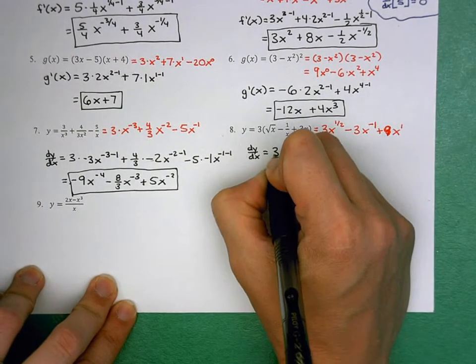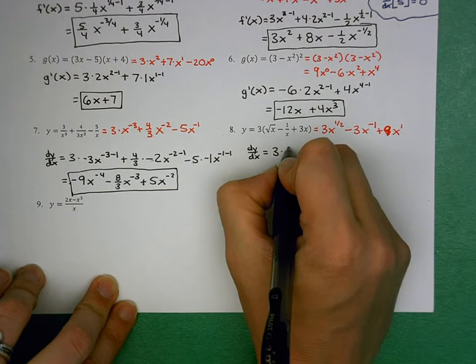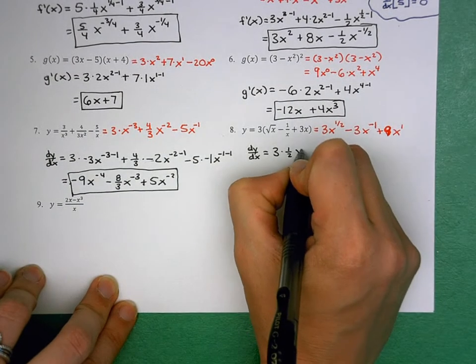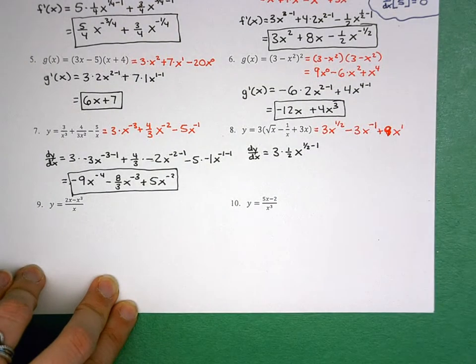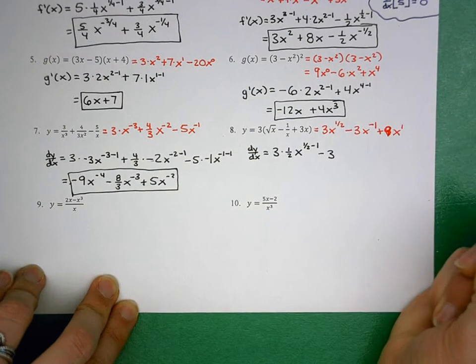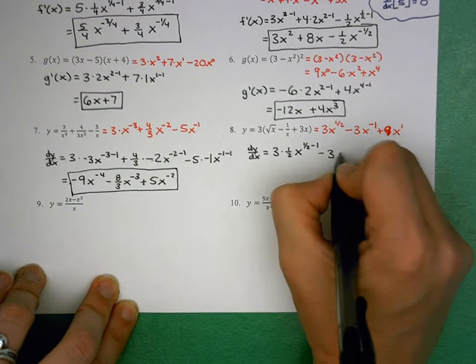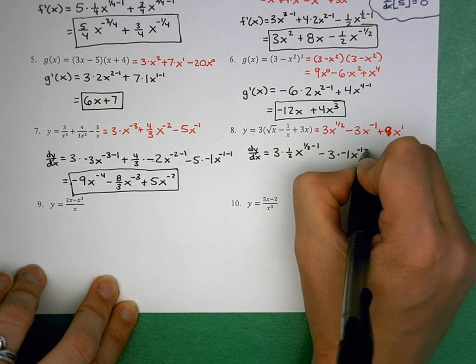Okay, what is the n in the first term? That is 1/2, so we're going to bring that 1/2 down in front. And our exponent is 1/2 minus 1. Okay, what about the second term? n is negative 1. And then new exponent, negative 1 minus 1.